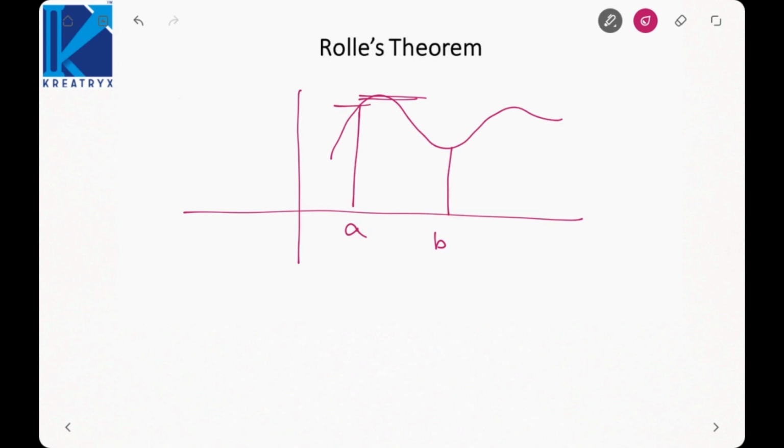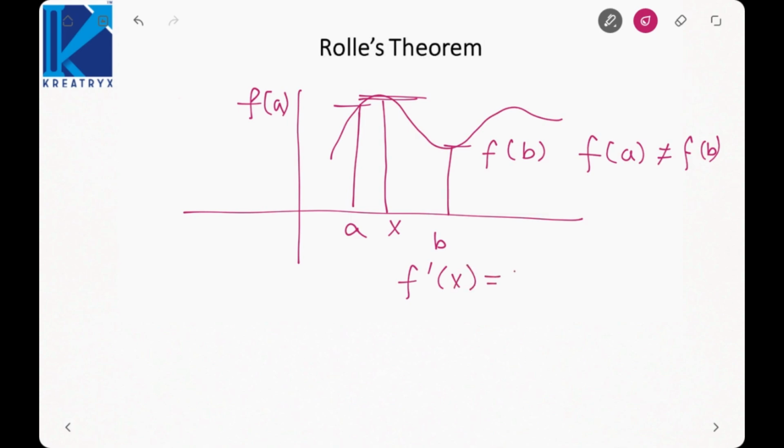Now if you see, a has the value f(a), b has the value f(b). As you can say, f(a) is not equal to f(b), but still there is a certain point, let us say x, where the derivative is 0, or you can say the tangent is parallel to the x-axis. Because the derivative indicates the slope of the tangent, 0 slope indicates it is parallel to the x-axis.